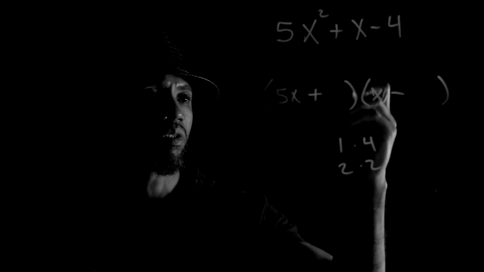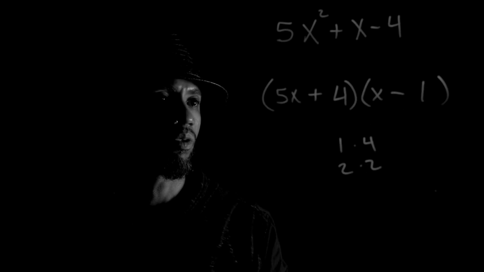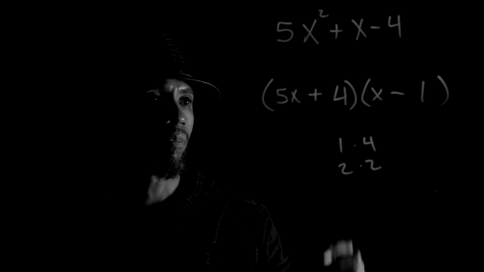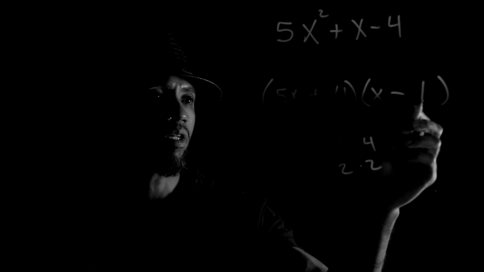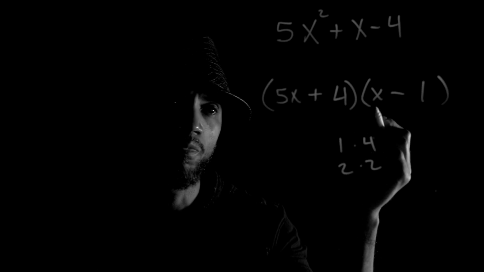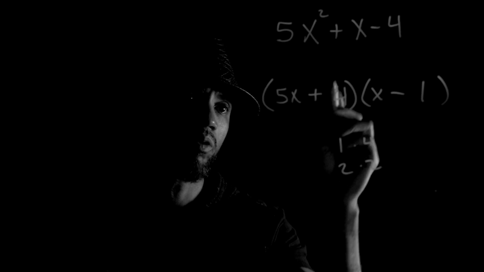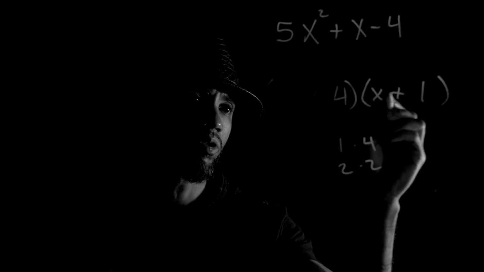Okay, so switch the numbers. How about we put 4 here and 1 here? Will that get us 1? Negative 5x plus 4x. So close. Negative 5 and positive 4 is negative 1. I want a positive 1. Let's flip the sign.